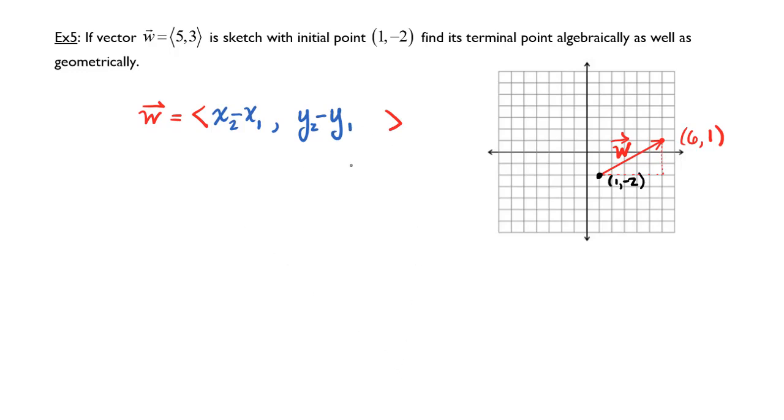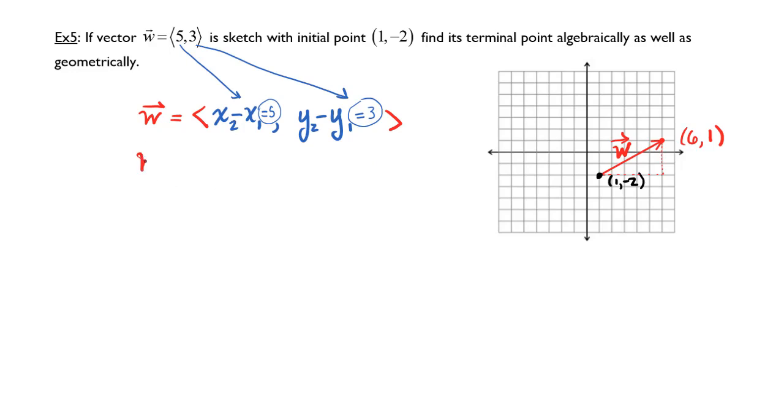If I want the terminal point, I know that the components x sub 2 minus x sub 1 equals 5. And I'm just going to circle that. And I know that y sub 2 minus y sub 1 equals 3 because of the components given.